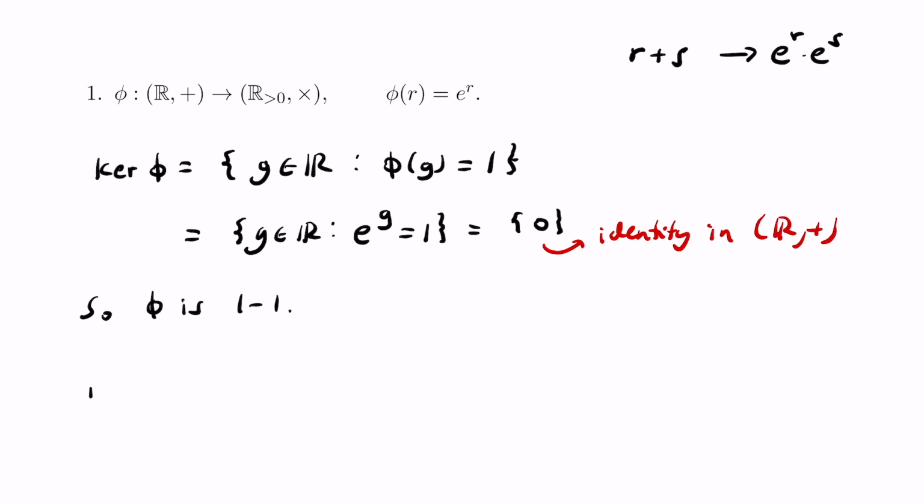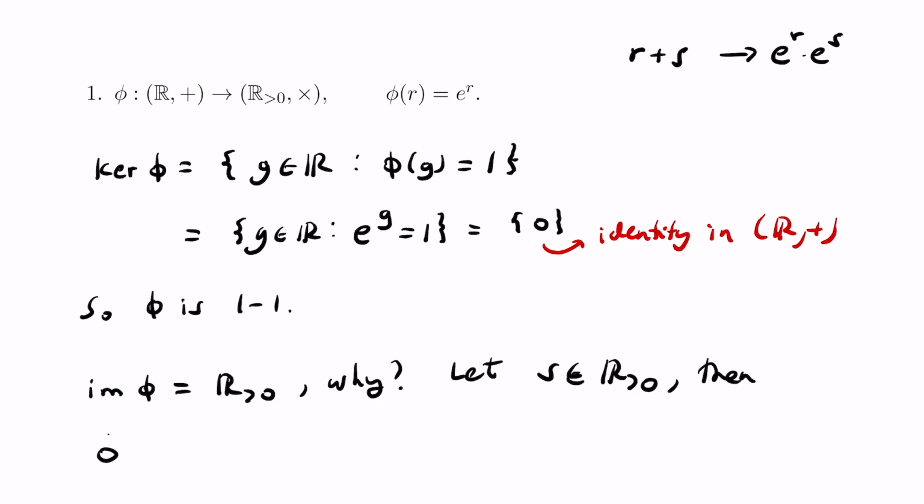Okay, now let's look at the image of phi. I claim the image of phi is all the stuff on the right. No matter what number you pick on the right, there's something you can input to get that as an output. So why? Well, let's pick something on the right. Let s be an element of R positive.